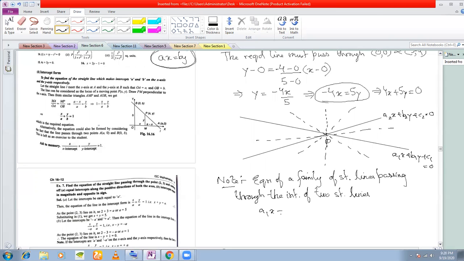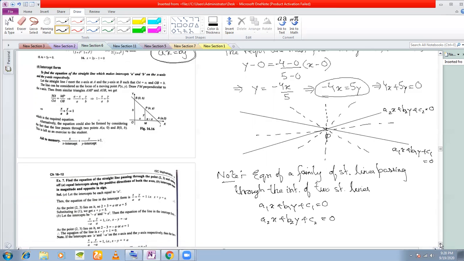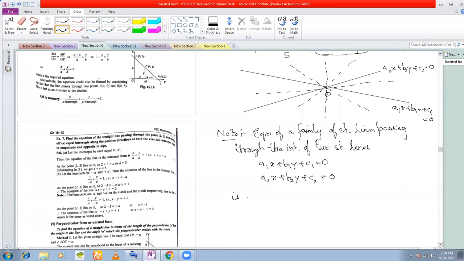will always be of the form a1x plus b1y plus c1 plus k times a2x plus b2y plus c2 is equal to 0, where k is the parameter.